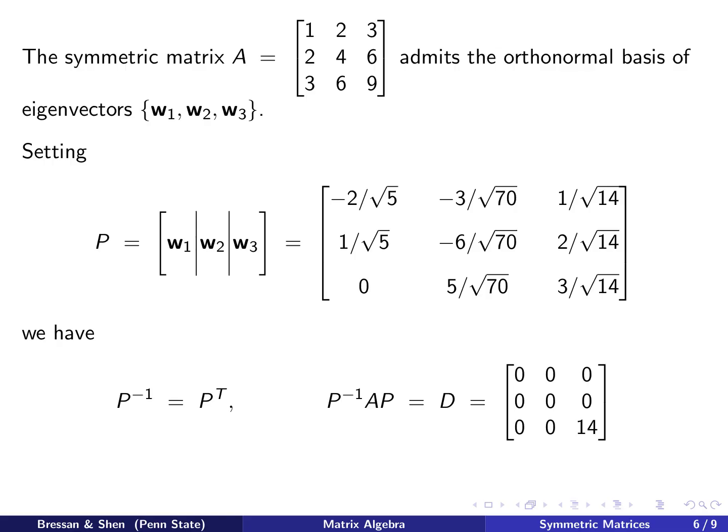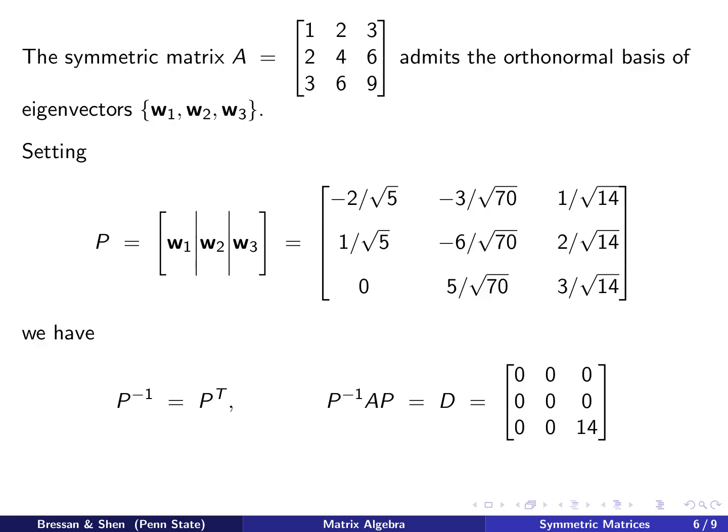Now we can form this P matrix by collecting these three vectors as its columns, and this will be a 3 by 3 matrix if we fill in the numbers. The three vectors are orthogonal to each other, therefore linearly independent, so P is invertible, and the inverse is the transpose, so we can work that out.